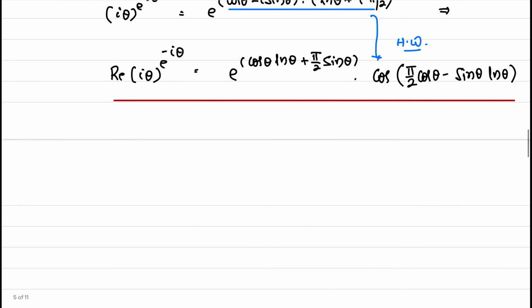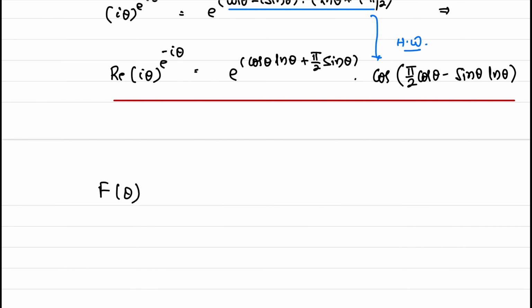Now, we got the real value of that particular value. Now, what is f theta? Sorry, not f theta, for this particular value, the real value of i theta to the power of e to the power of minus i theta.